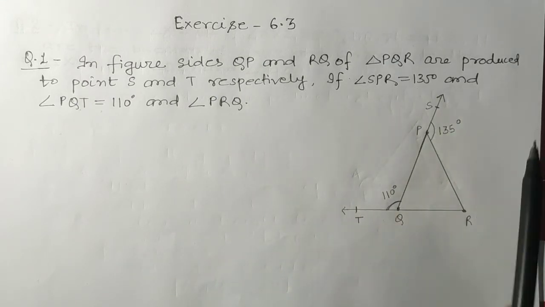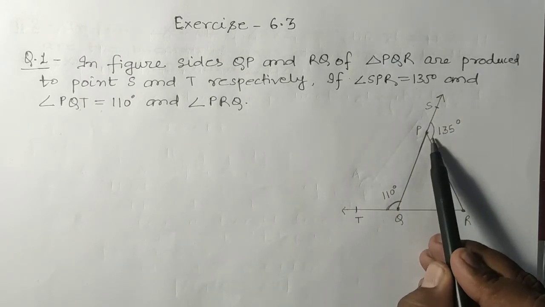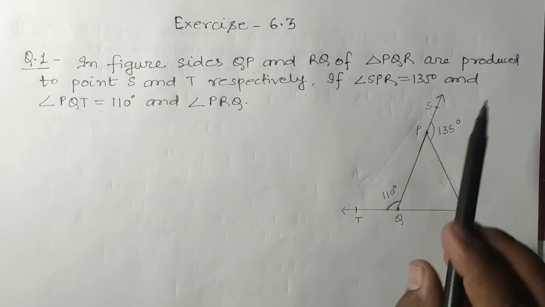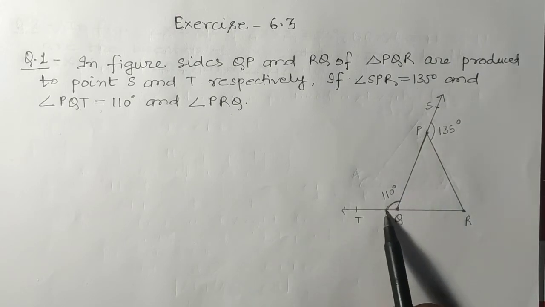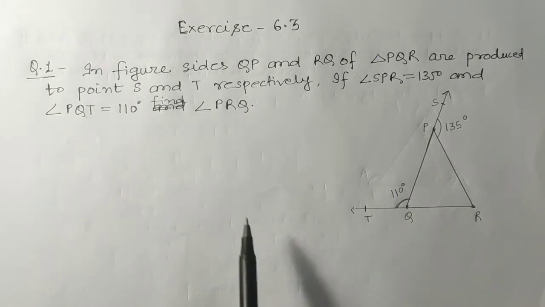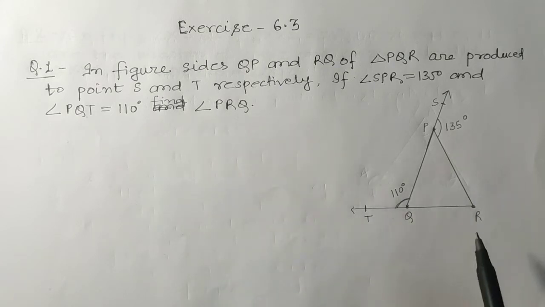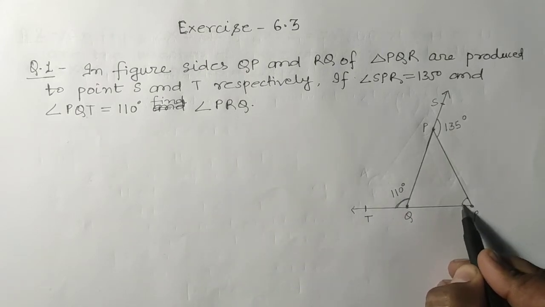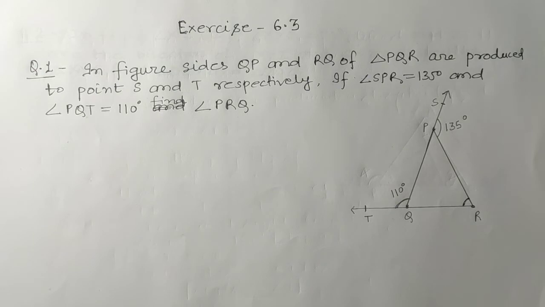If angle SPR is 135 degrees, means this angle is 135 degrees, and angle PQT, this is 110 degrees, we have to find angle PRQ. Means this angle we have to find. How will we find it, students? Let us see.